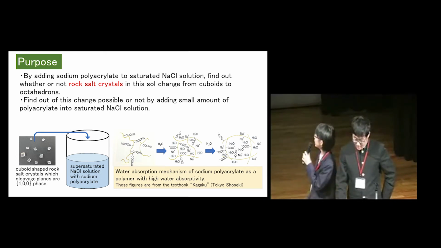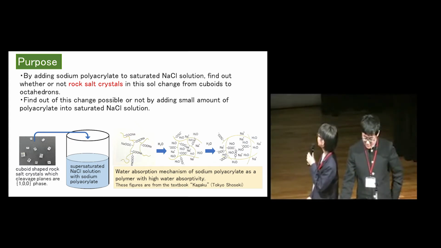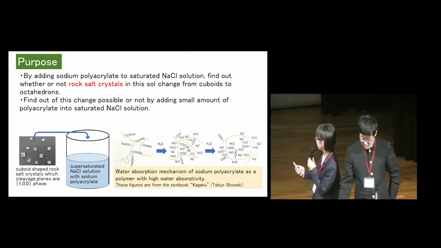In saturated NaCl solution with sodium polyacrylate, we wanted to find out whether rock salt crystals change from cuboids to octahedrons or not. Also, by adding a small amount of polyacrylate into saturated NaCl solution, we wanted to find out whether this change is possible or not.